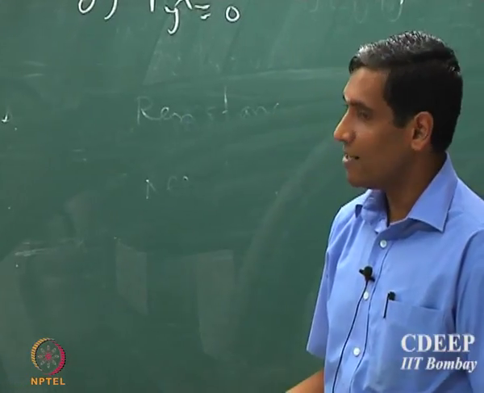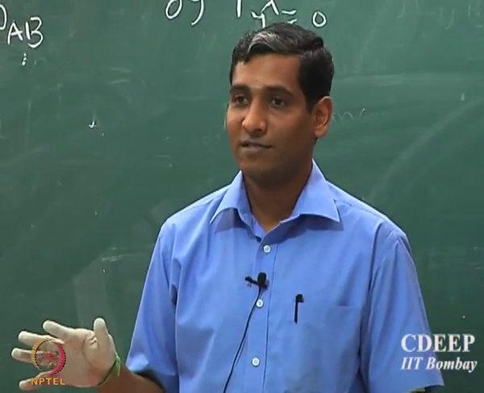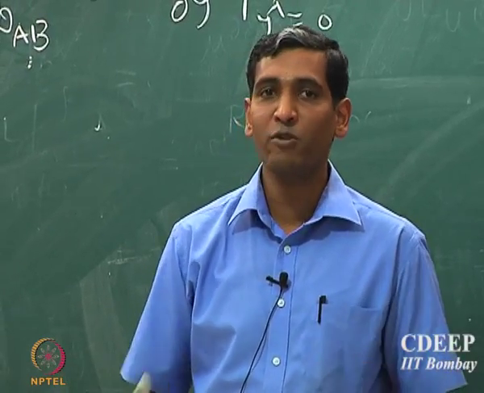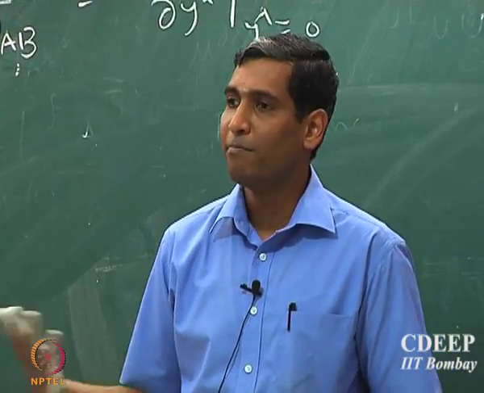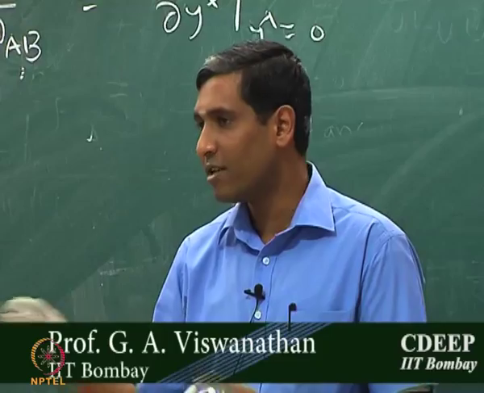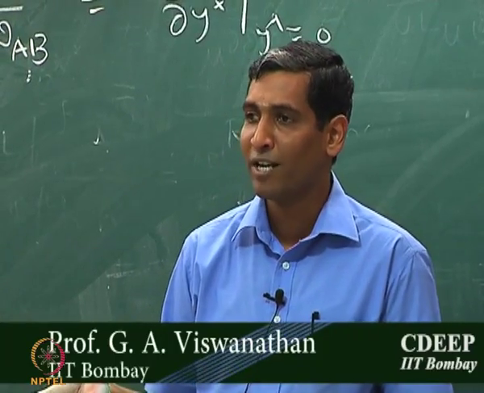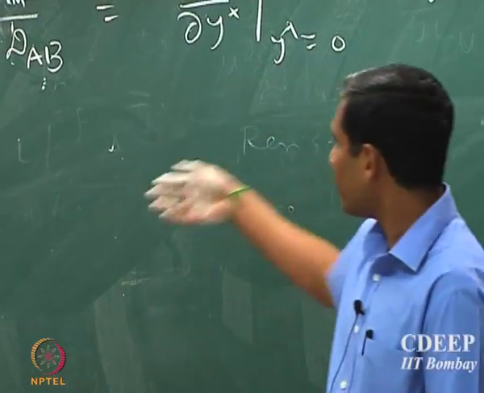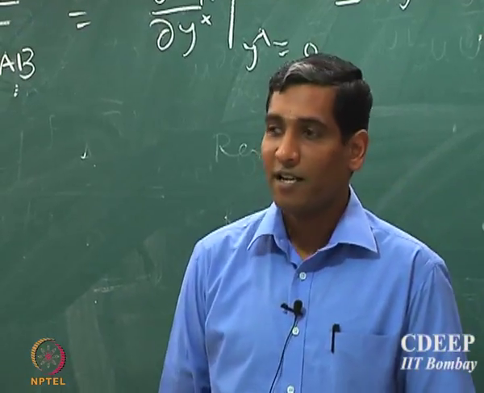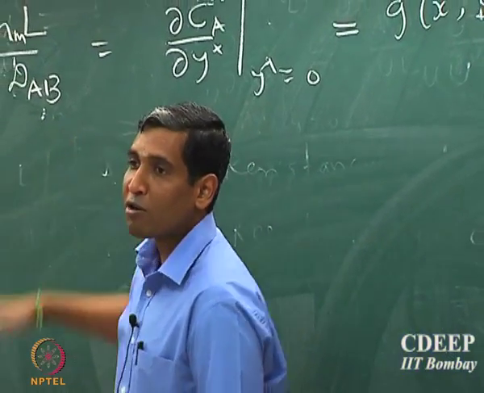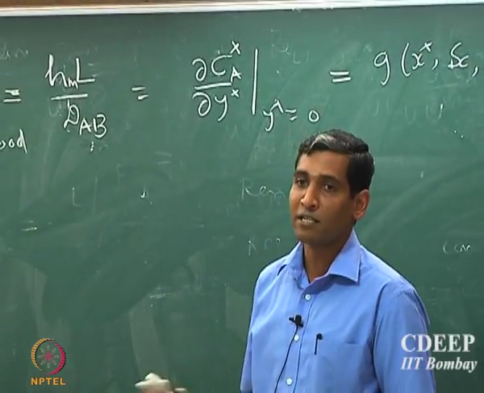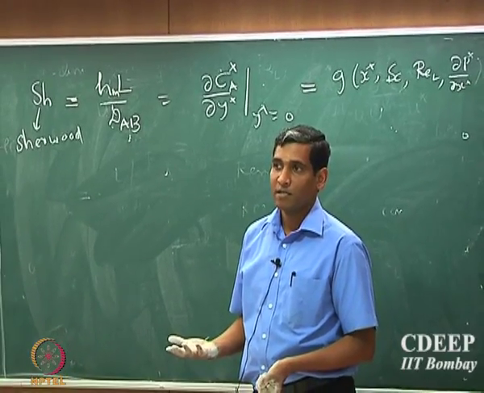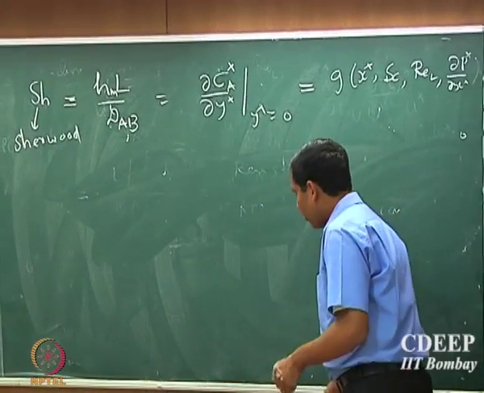So you can see that without solving the equations, note that we have not solved anything, all we have done is introduce some approximation simply based on intuition as to how the fluid flow is behaving in the boundary layer, how mass transport and heat transport would occur, and we are able to come up with some really comprehensive numbers which characterize the heat, mass and momentum transport in the boundary layer. Okay, so we'll stop at this point.